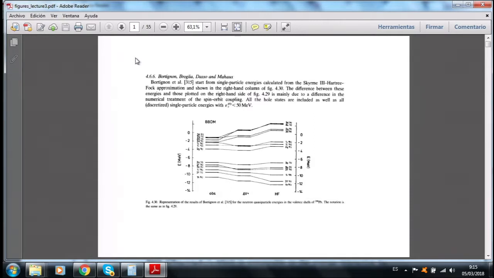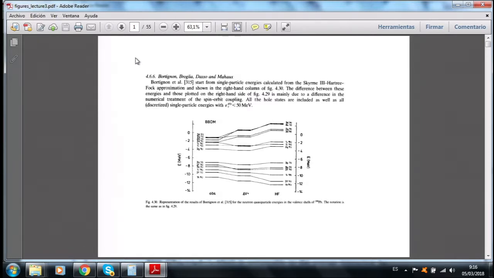Experimentally, the main single particle strength is at energies that you can see here. And as I was saying last week, a usual feature of the Hartree Fock is to give a too large spacing, or if you want, a too low level density around the Fermi energy. The Fermi energy would be something like here.